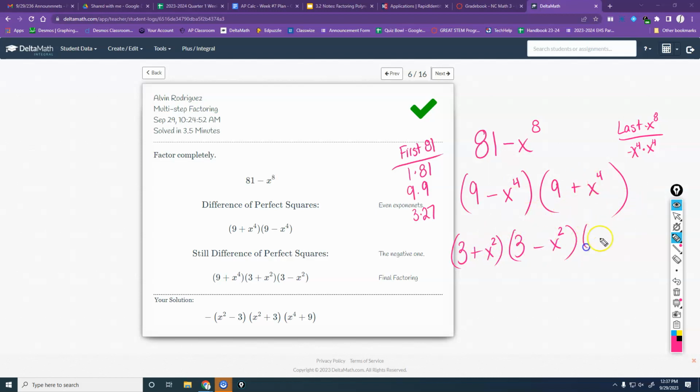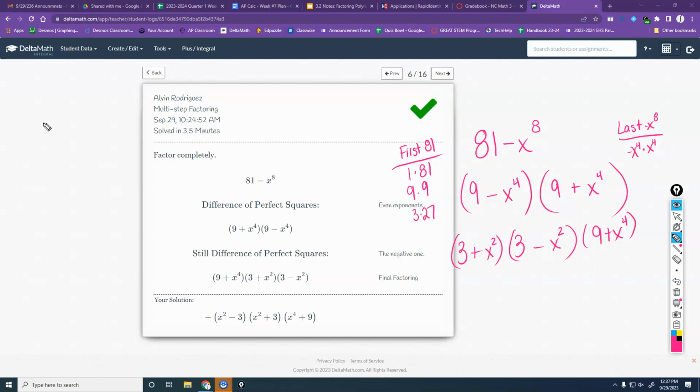The second one right here, the 9 plus x to the 4th, it will not break down like that because you don't have a minus sign right there. It's not a difference of squares. So you may run into some of these where they will factor more than once. For some reason they factored out a negative. You don't have to do that here. It should accept that. We won't have any trouble with that during the second period.